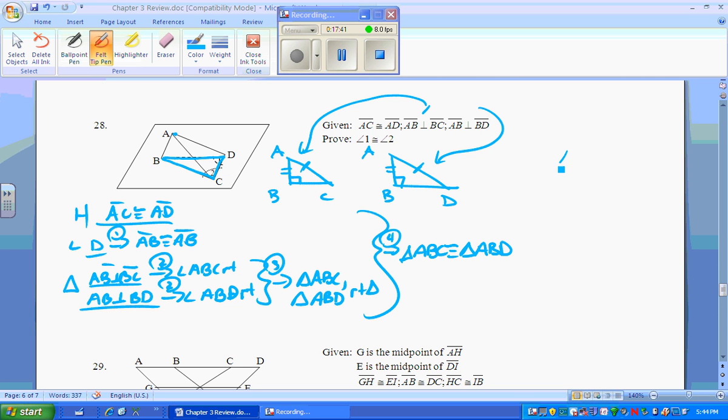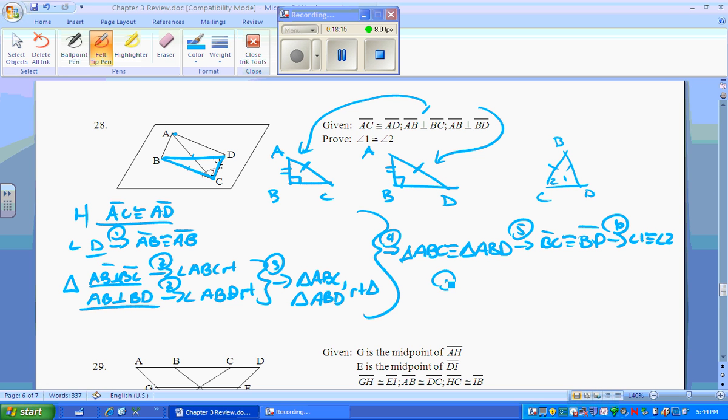They're on the ground, on this other triangle, CDB. So this is 2, this is 1. But what do you notice? We can take BC and BD from the two triangles we just proved. And if those two sides are congruent, you know those two angles are congruent. So we can say BC is congruent to BD by CPCTC, and then we can say angle 1 is congruent to angle 2.